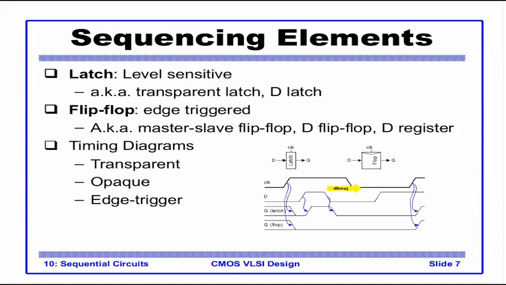So any change on D during the clock low period does not appear on Q. Let's revise again. During the clock high pulse, the latch is transparent. So the latch behaves like a combinational element or a buffer. Anything on D gets transferred onto Q. Whenever the clock goes to the inactive state, whatever is the state of Q is held.